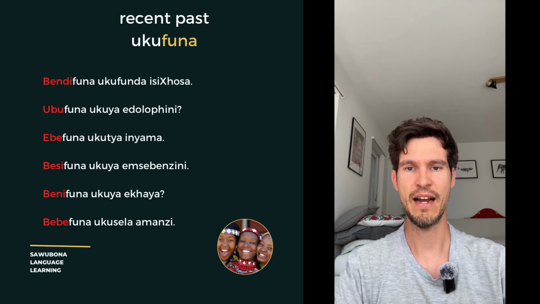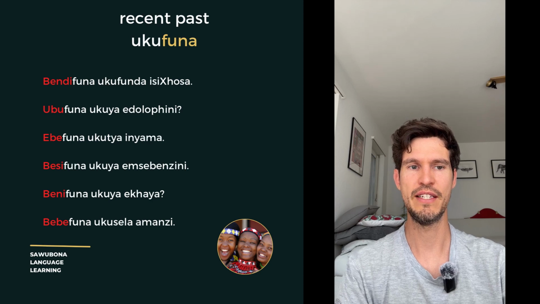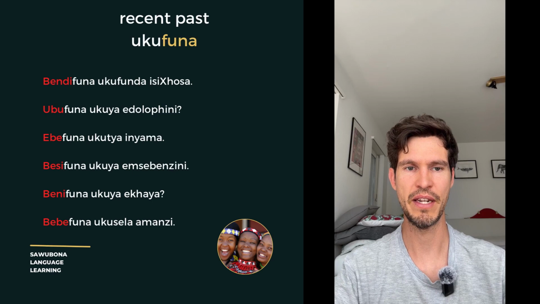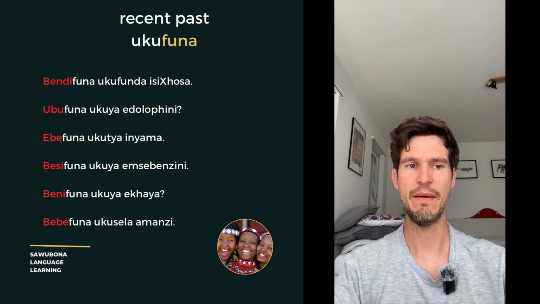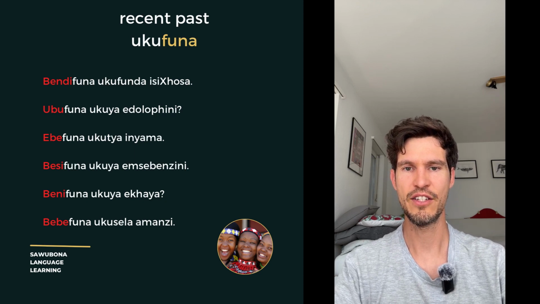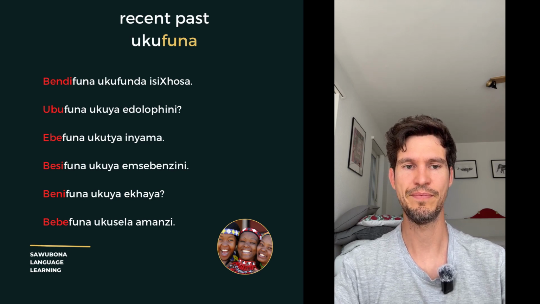Ebefuna ukutya inyama. He or she wanted to eat meat. You can also say ubefuna, but ebefuna is common. Besifuna ukuya emsebenzini. We wanted to go to work. Benifuna ukuya ekaya. Did you guys want to go home? Bebefuna ukusela amanzi. They wanted to drink water.